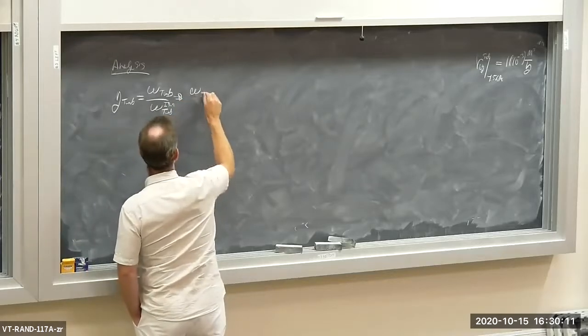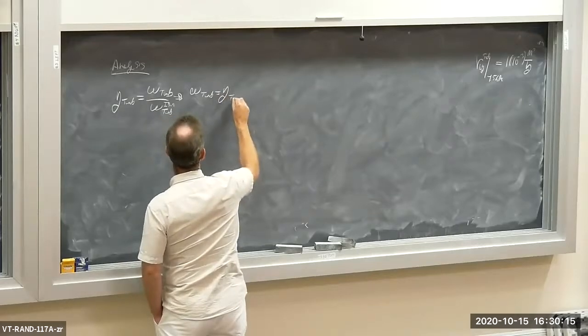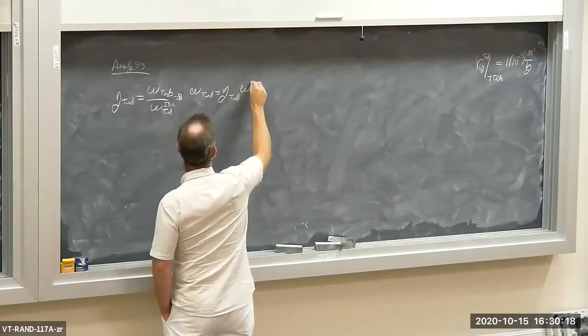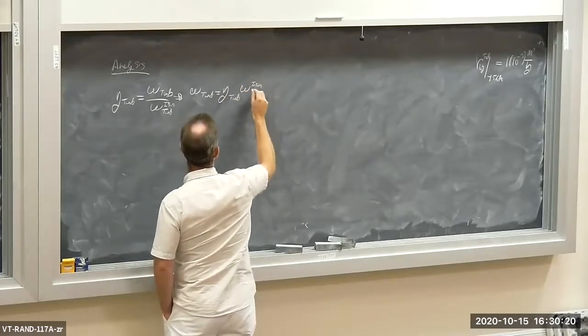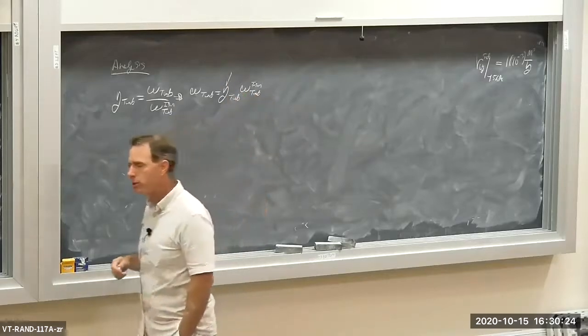So W turbine is equal to the isentropic efficiency for the turbine times the isentropic turbine work. Okay, I have the isentropic efficiency for the turbine.